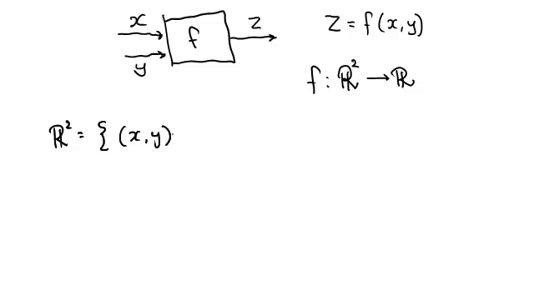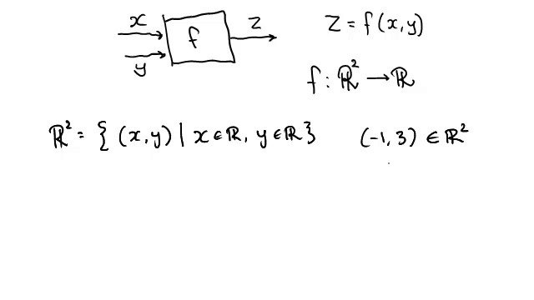Two tuples consisting of an ordered pair of two real numbers, x and y, such that x is a real number and y is a real number.